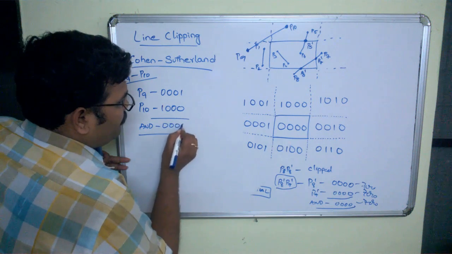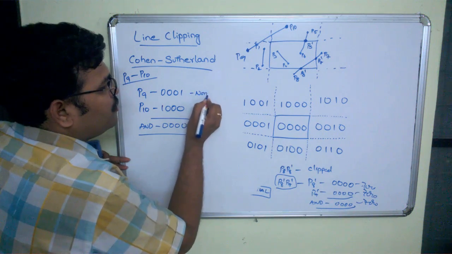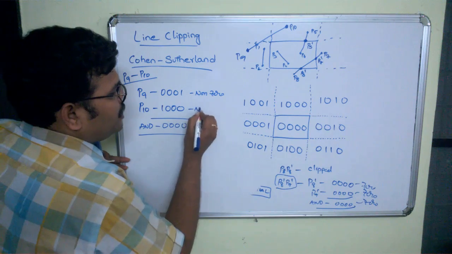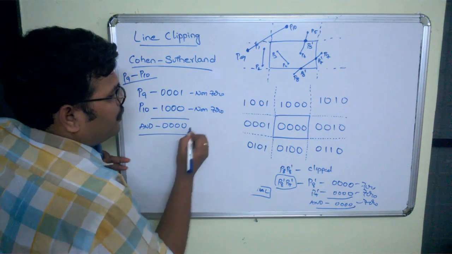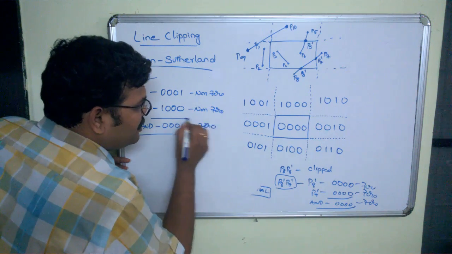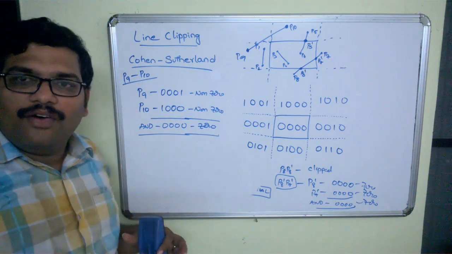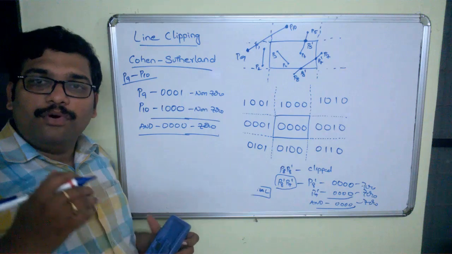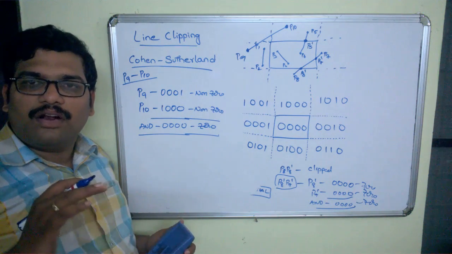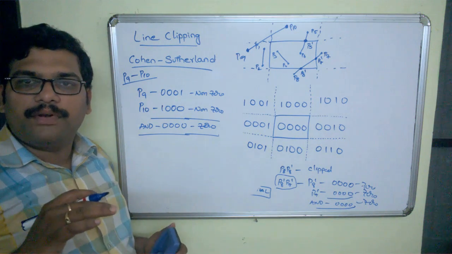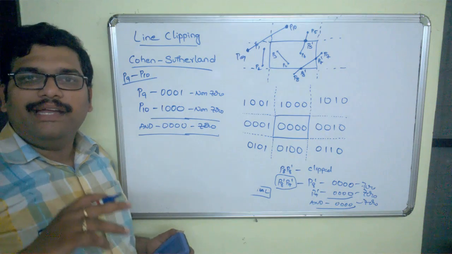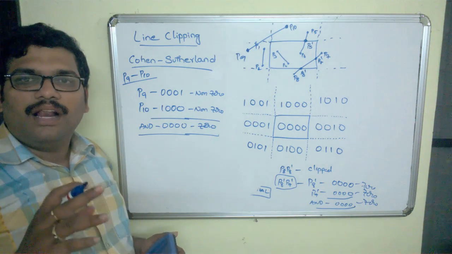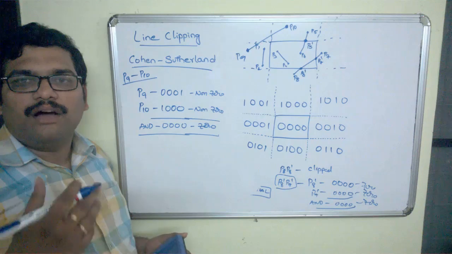It is a non-zero, it is a non-zero, and the result is 0. So till now we have discussed that if both the points' region codes are non-zero and the AND operation result is 0, it indicates some portion lies inside and some portion lies outside.